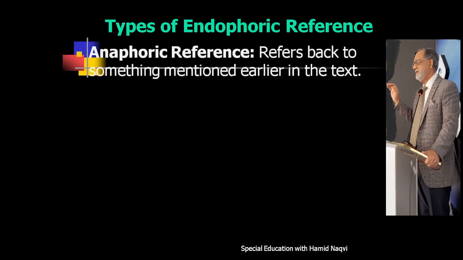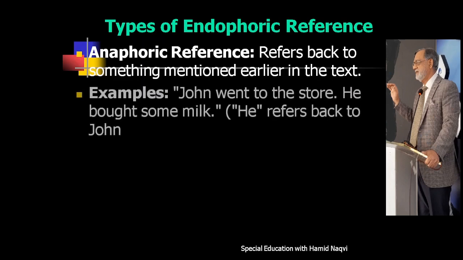Now endophoric reference further has got two types. Anaphoric reference. Anaphoric reference refers back to something mentioned earlier in the text. Example is, John went to the store.